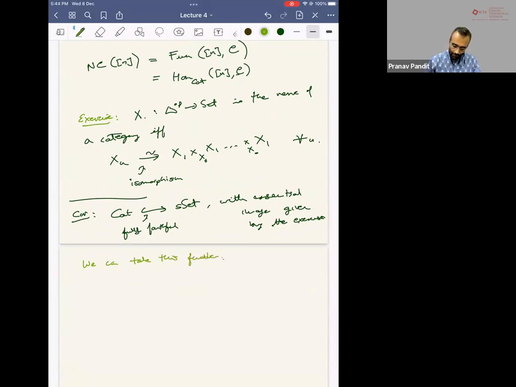So if C is a simplicially enriched category, an S-set enriched category, and remember I said that that's one way to think about what an infinity category is, because the Homs are simplicial sets, and every simplicial set you can replace by a Kan complex. It's weakly equivalent to a Kan complex, and that Kan complex is an infinity groupoid.